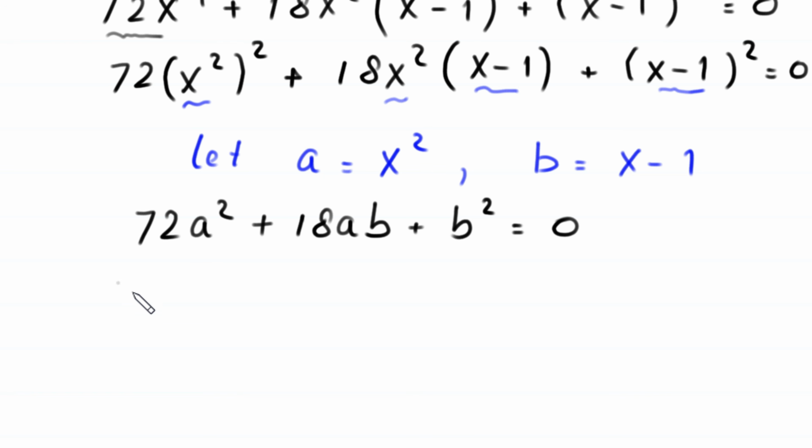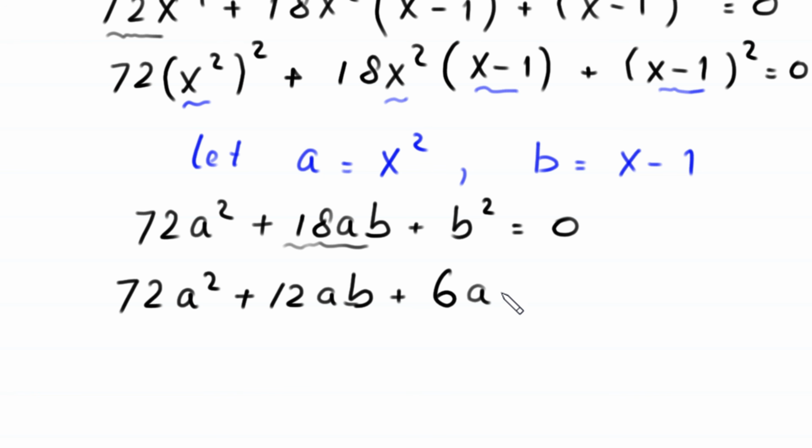We write this 72a squared and break this 18ab into two terms, plus 12 times ab plus 6 times ab, plus this b squared equal to 0.